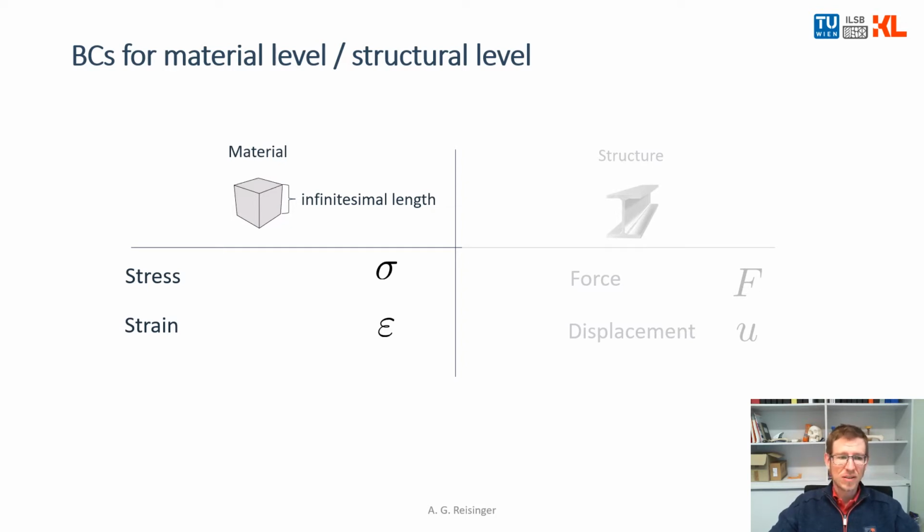That means we would like to measure material properties like Young's modulus, yield stress, or ultimate stress. And we do this in the space of stress and strain. So for determining material properties, we need to know the stress and the strain over time. So we have to make those two quantities visible.